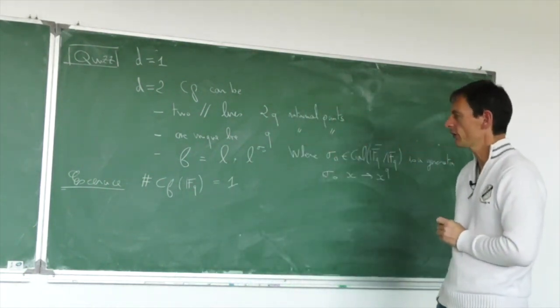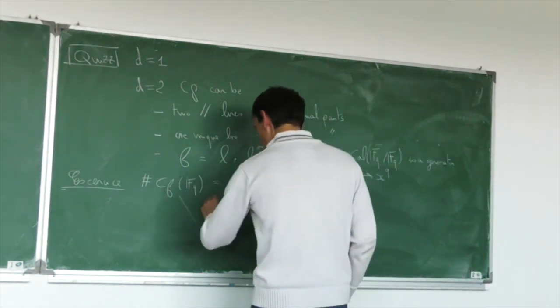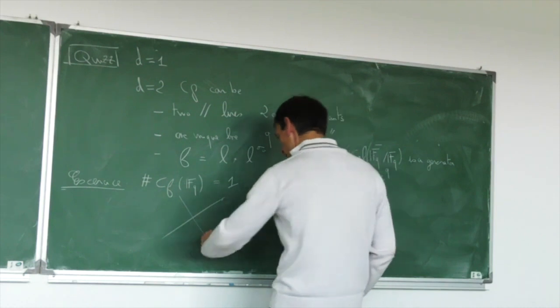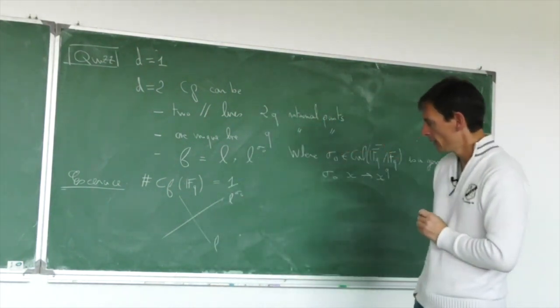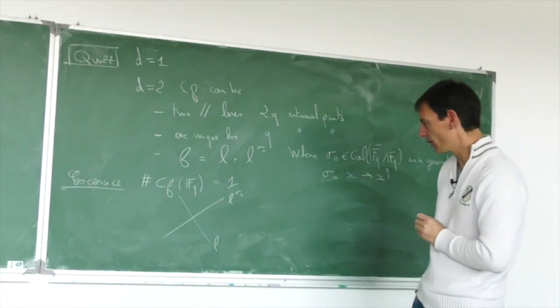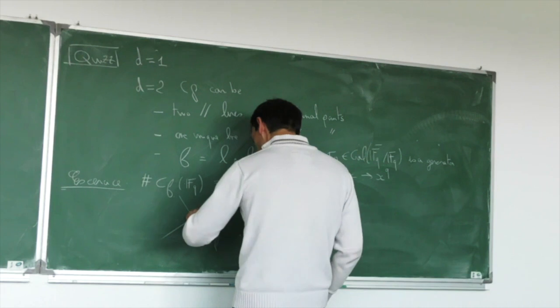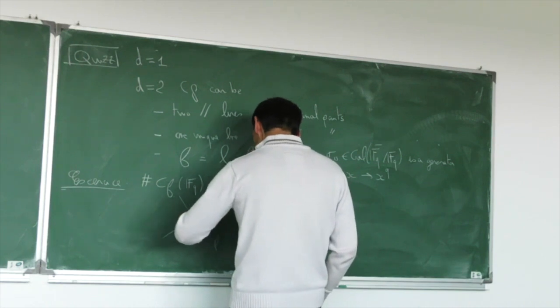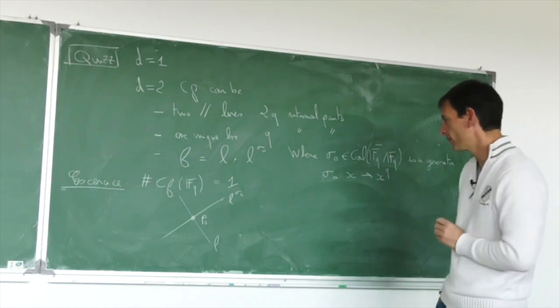So let's try to understand this. You have two conjugated lines, so let's say L and L^sigma_0. First, I say that there is one particular point, which is the intersection point. Let's call it P_0. And I say that P_0 is indeed rational.